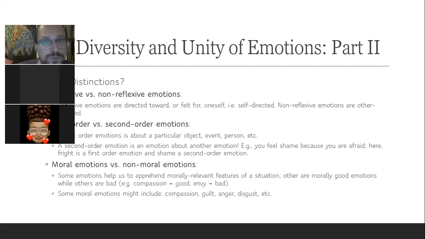Maybe shame. Shame is a good one. Yeah, of course. Robin says pride. I think that's probably a good one. Yeah, jealousy, I would say, is other-directed. Cringe, definitely, yes, could be either one. So yeah, just to iterate through, Robin says pride is reflexive. We've got cringe, we've got jealousy, embarrassment.